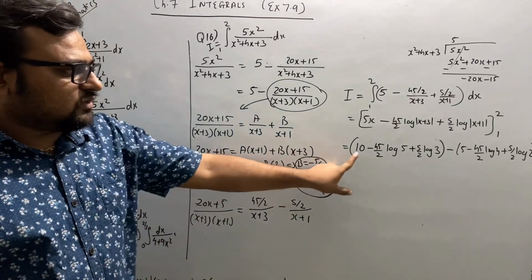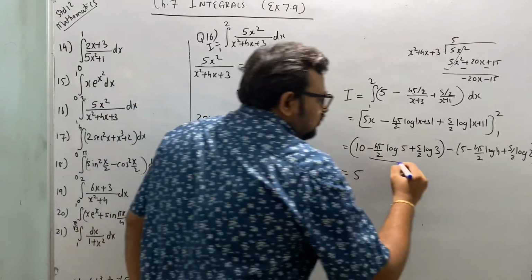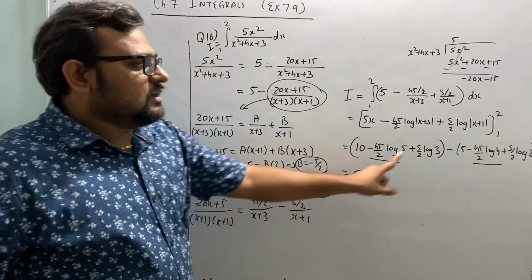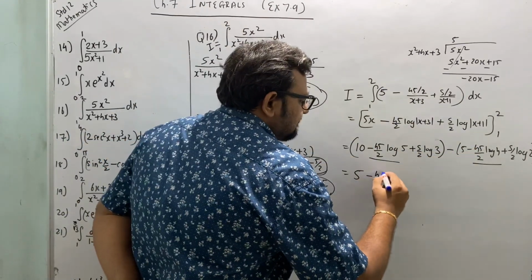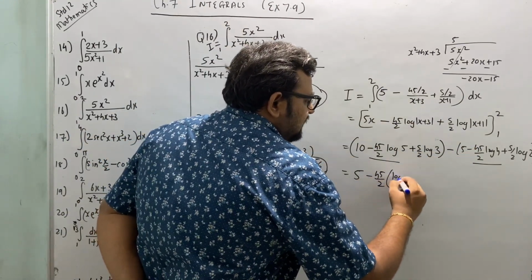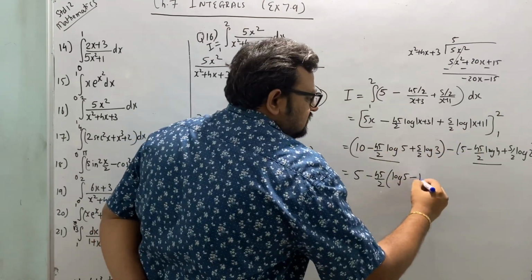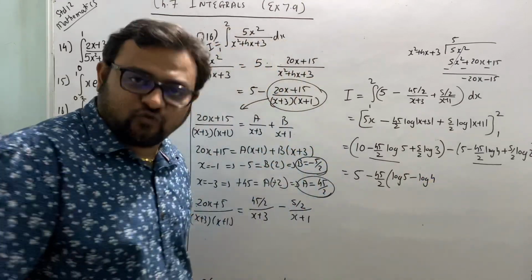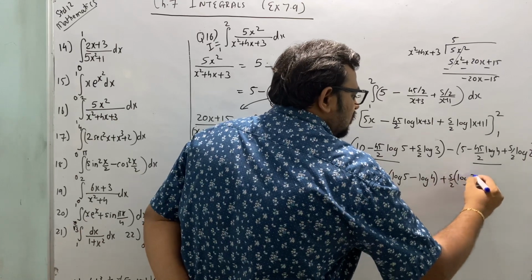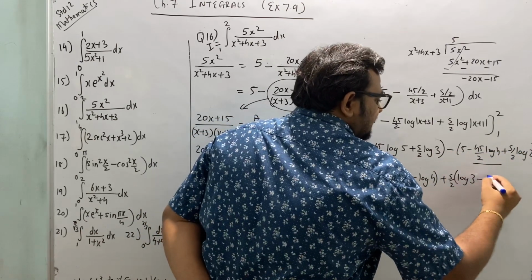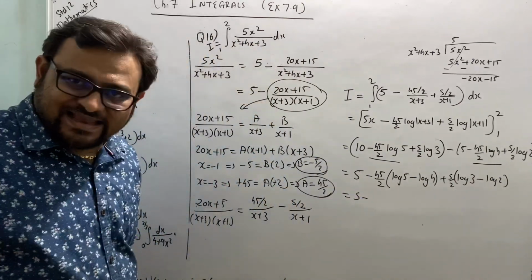Clear? So now 10 minus 5, this will be equal to 5. In this, both terms, minus 45 by 2, minus minus plus. So 45 by 2 common, this will be log 5, minus minus plus should be minus log 4, plus 5 by 2 log 3, minus plus minus log 2.